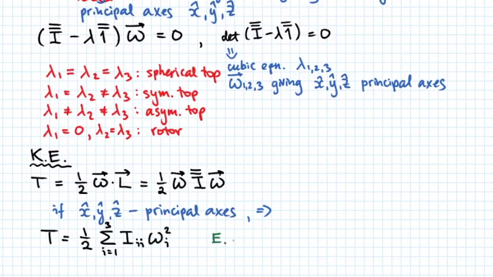For example, if angular velocity is parallel to the z-axis, then we recover the expression we've seen already, that kinetic energy will be given by half of element of the tensor of inertia zz times omega squared.